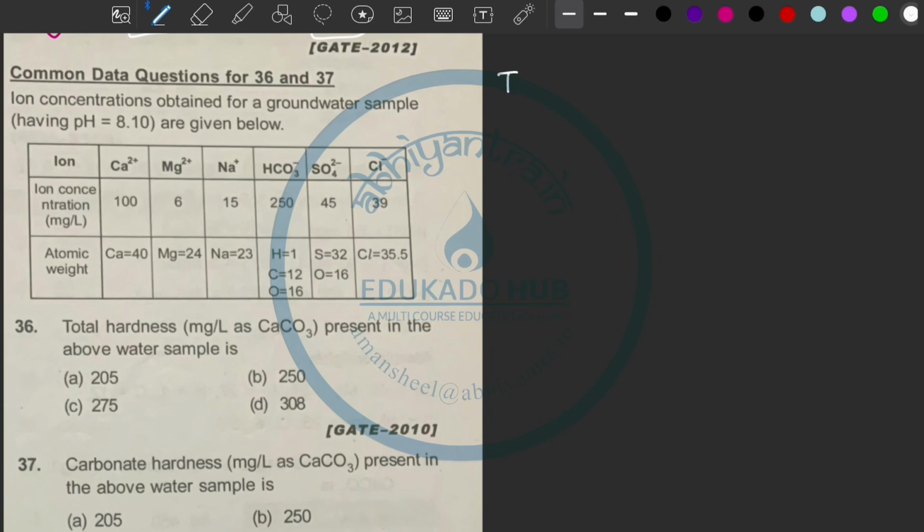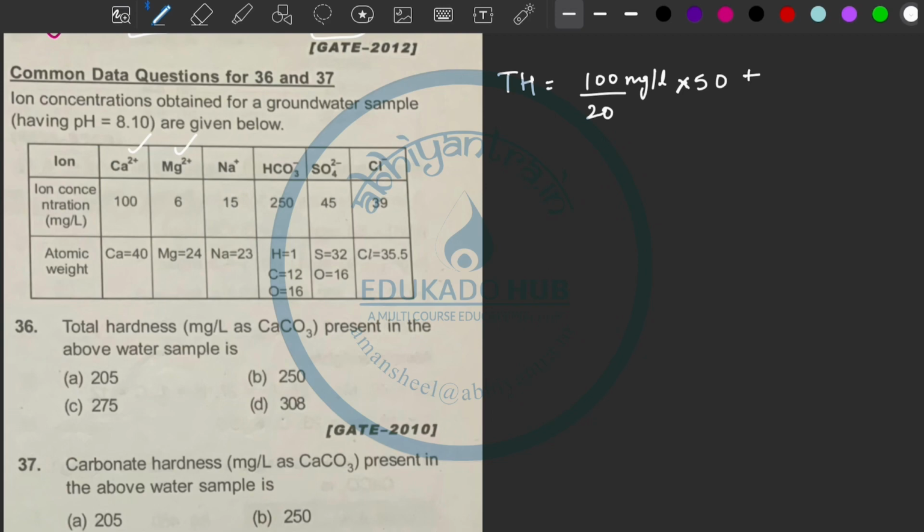Total hardness is due to calcium and magnesium, because they are the only multivalent cations. The calcium ion concentration is 100 milligram per liter, so we divide it by its equivalent weight, which is 20, and multiply by 50 to get milligram per liter as CaCO3.